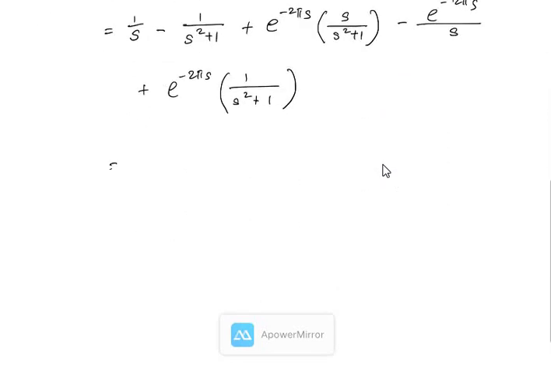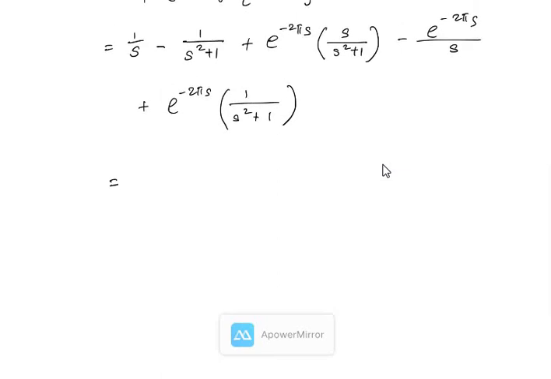So at the end, you simplify it. You can simplify this one and this one together. So 1 minus e to the negative 2 pi s over s, plus this one and this one.